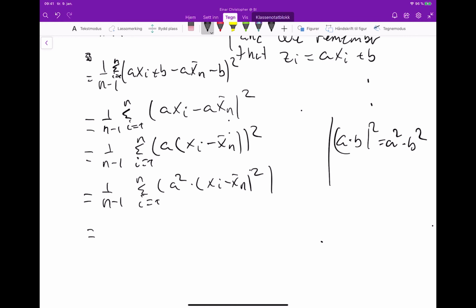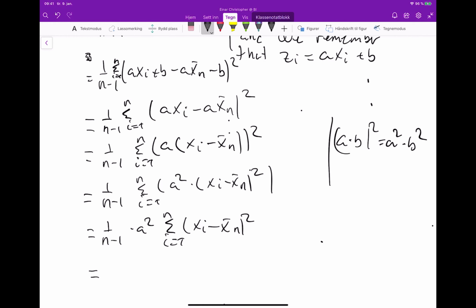So a in the power of 2 is just a constant, and therefore I can put it outside the summation sign like this, in the power of 2.